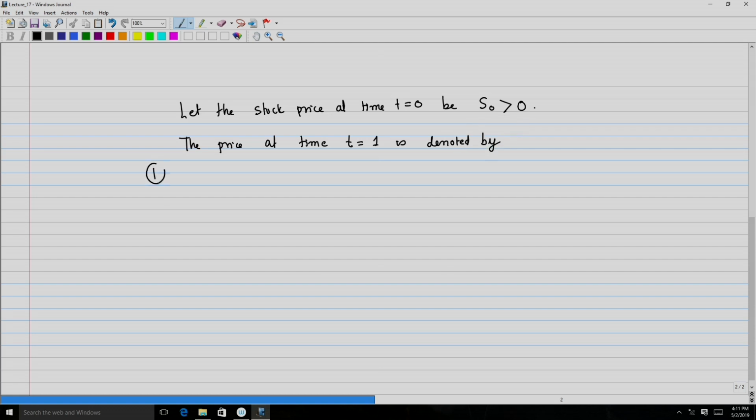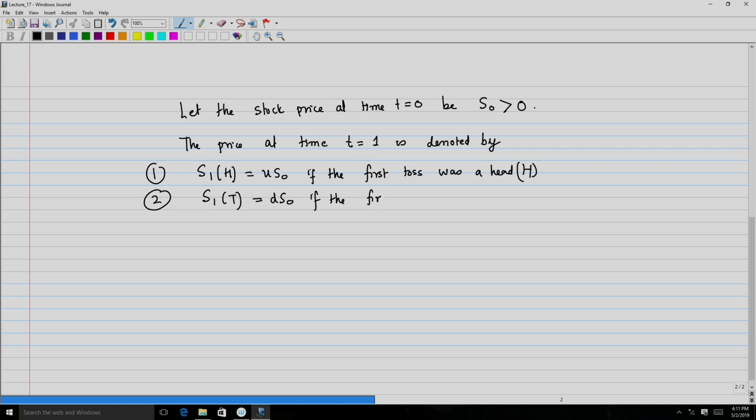As before, we denote this by S1 of H, which is u S naught if the first toss was a head, and S1 of T is equal to d S naught if the first toss was a tail.